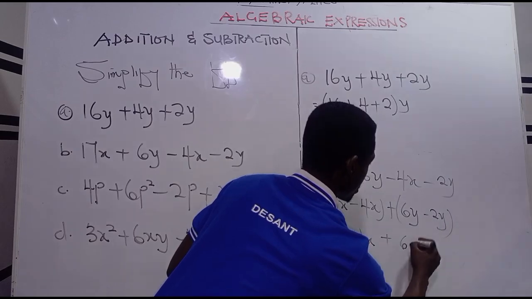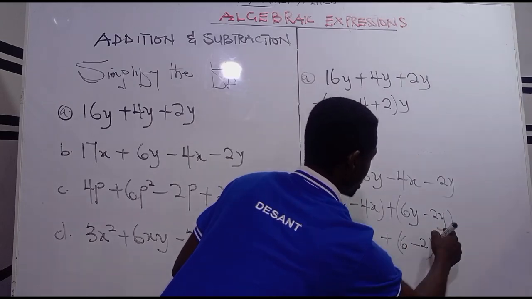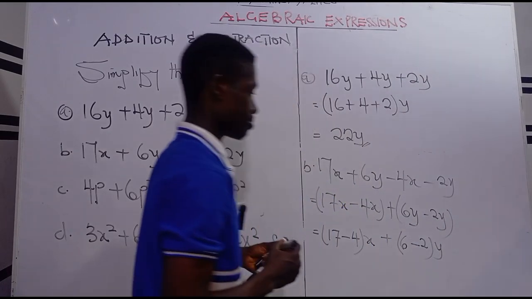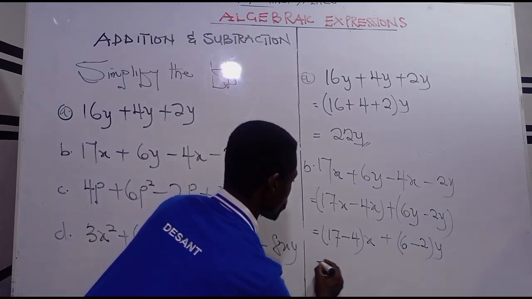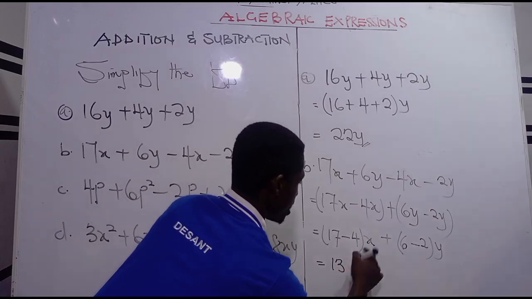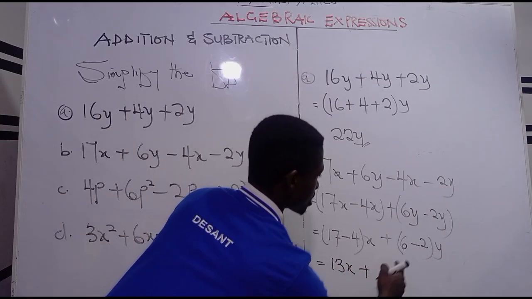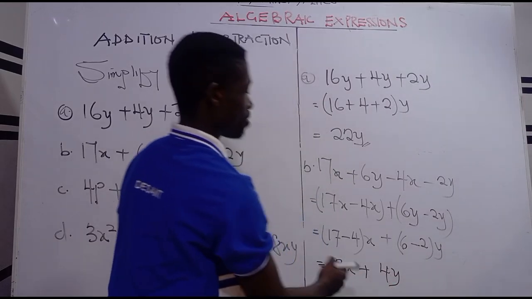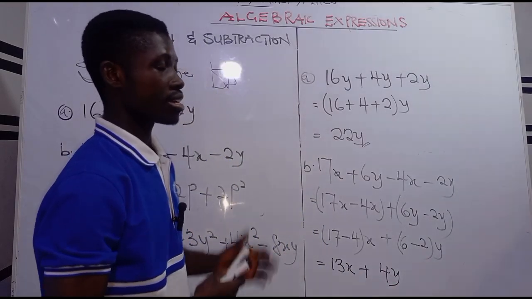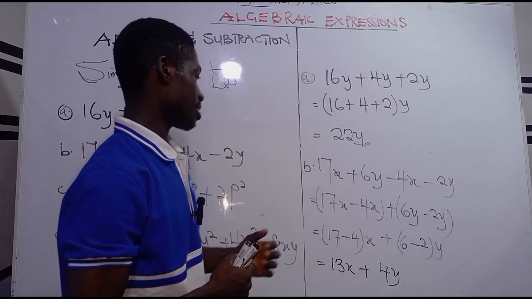So we have 6 minus 2. We attach one of the variables to it. So we have 17 minus 4 give us what? 13. And then we have x plus 6 minus 2 give us what? 4. And then we add the y. So we have 13x plus 4y. Very easy and then simple.